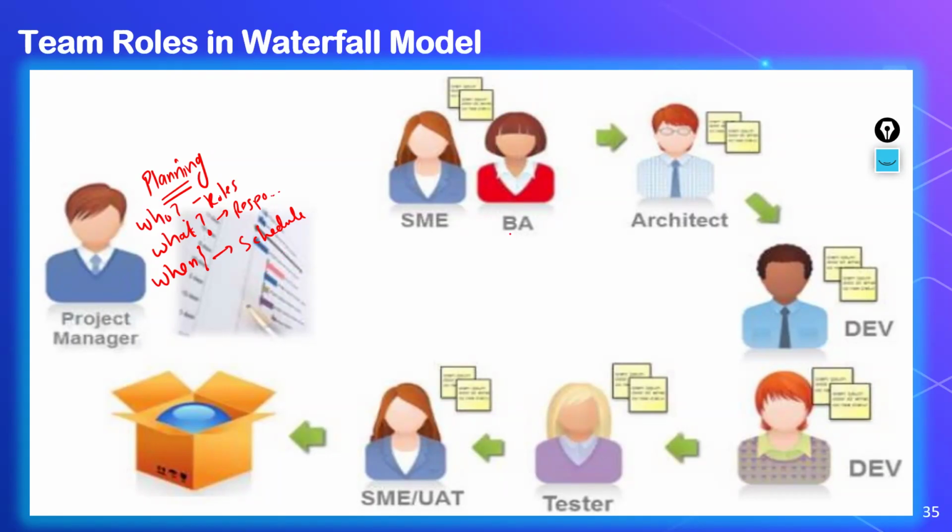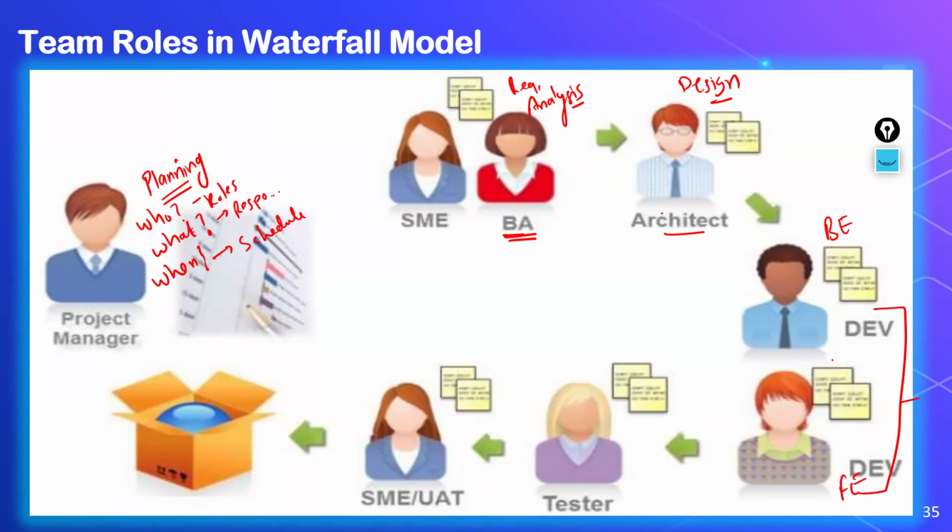Then here we have the BA. So this looks like your requirement analysis. Okay. Here we have the architect. So this is going to be your design. Here we have developers. So there could be one back end developer and one front end developer, right?